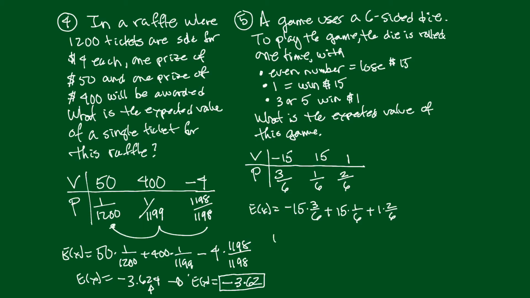And my calculator is showing that that is negative 4.66666... But it's money, so we'll round to the nearest cent, the hundredths. So the expected value of this game is negative $4.67. So to play this game, you would have to pay $4.67 to make the game a fair game.